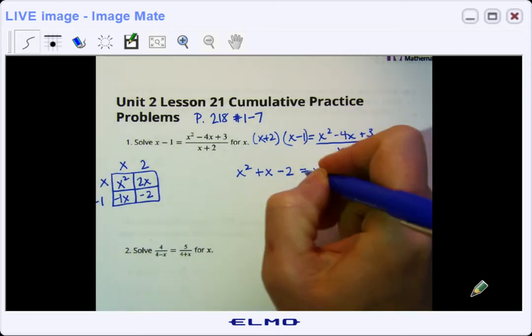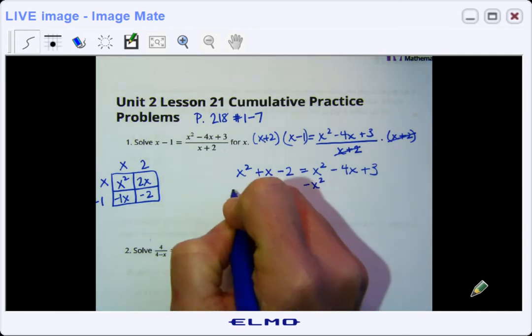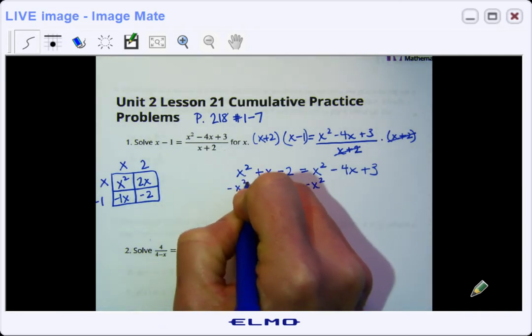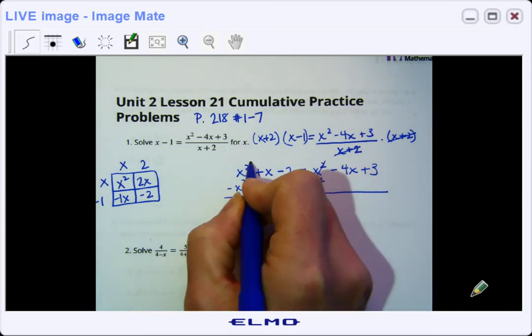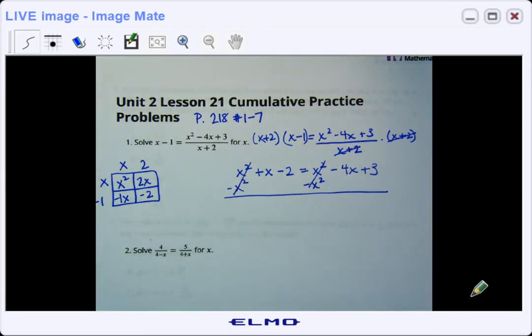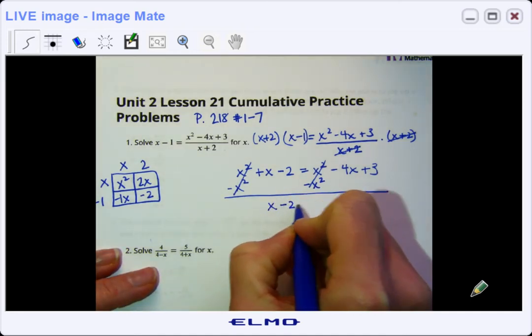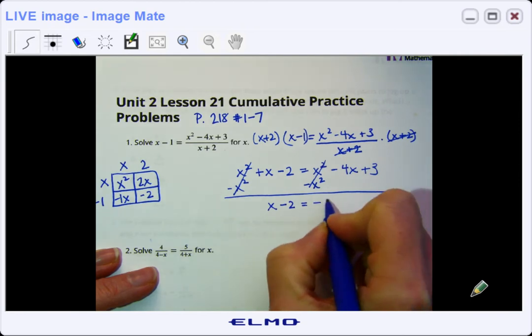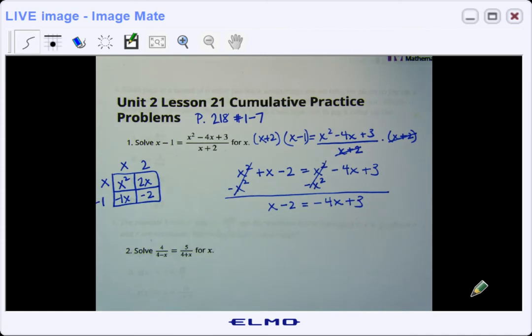So if I start moving terms from the right side to the left side, I actually completely eliminate the x squared. And I'm going to use that to my advantage because now what's left is just a linear equation, x minus 2 equals negative 4x plus 3. And so I'm not going to have to worry about factoring or using the quadratic formula.